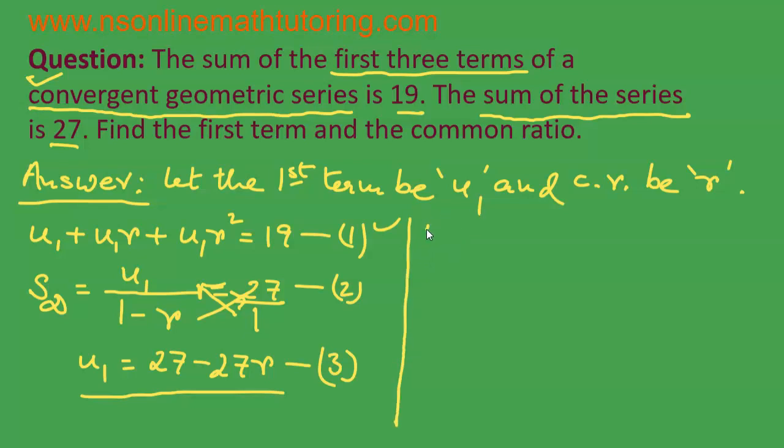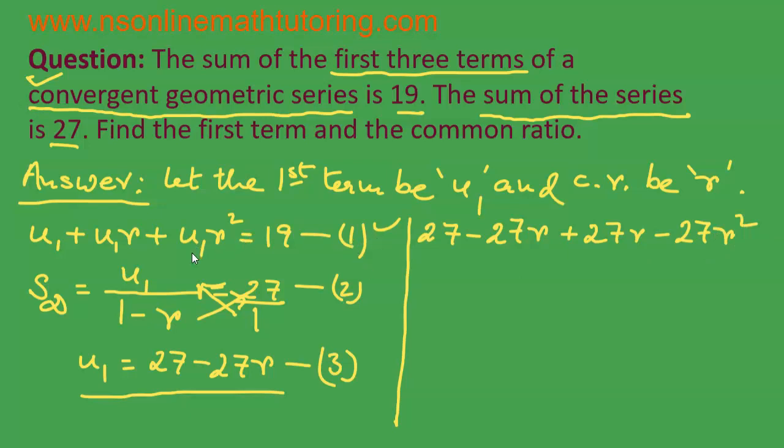So it is 27 minus 27R plus U1R. So all the terms will get multiplied by R. 27 times R is 27R. Minus 27R times R is minus 27R squared.